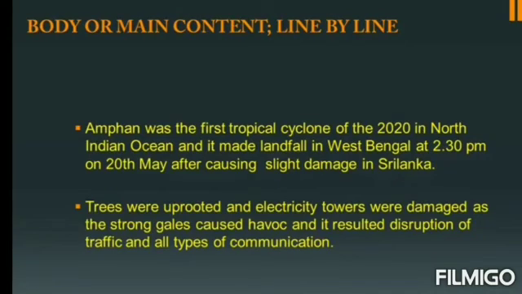Trees were uprooted and electricity towers were damaged as the strong gales caused havoc, and it resulted in disruption of traffic and all types of communication. So in this way you have to develop all the points.